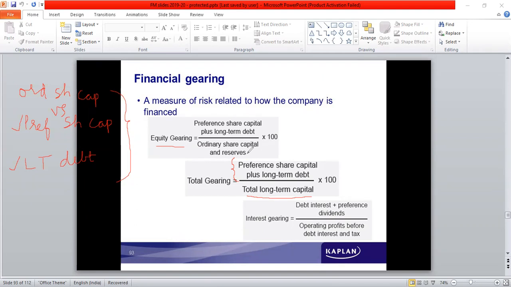What is interest gearing? Interest gearing is equal to debt interest plus preference dividend divided by the operating profits before debt interest and tax. That is nothing but EBIT, earnings before interest and tax.